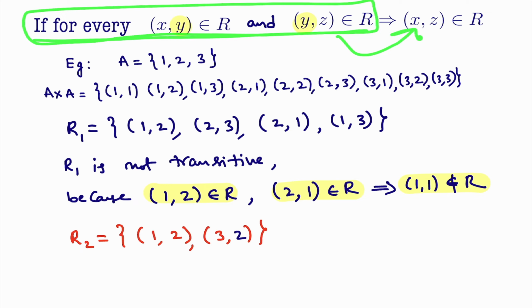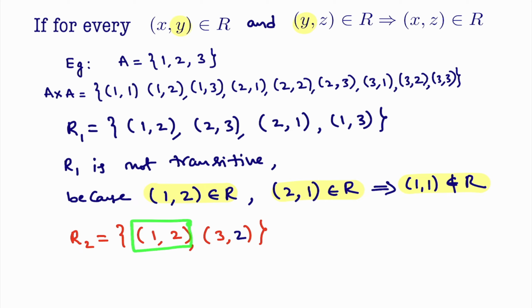Otherwise, we say that that particular element passed the transitive test. Here, when I am trying to check whether (x, y) and (y, z) exist or not, we didn't find (y, z). So in this case, we say that this element passed the transitive test. When it comes to this ordered pair (x, y), any other starting with 2 means there is none. So in that case, we say that this element also passed the transitive test. So finally, we say that this relation is transitive.